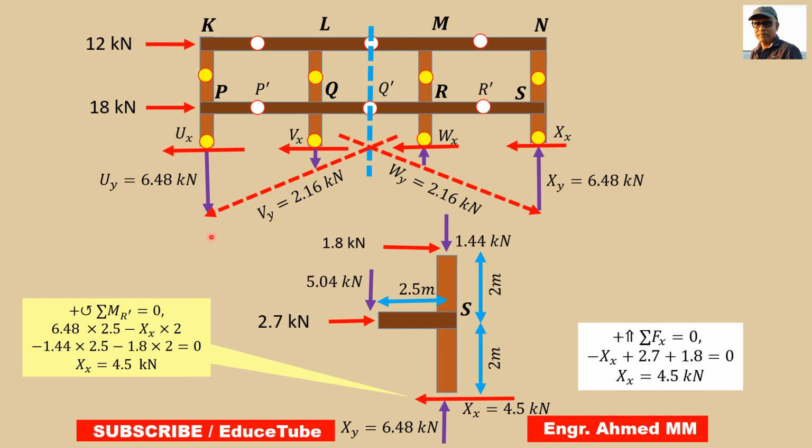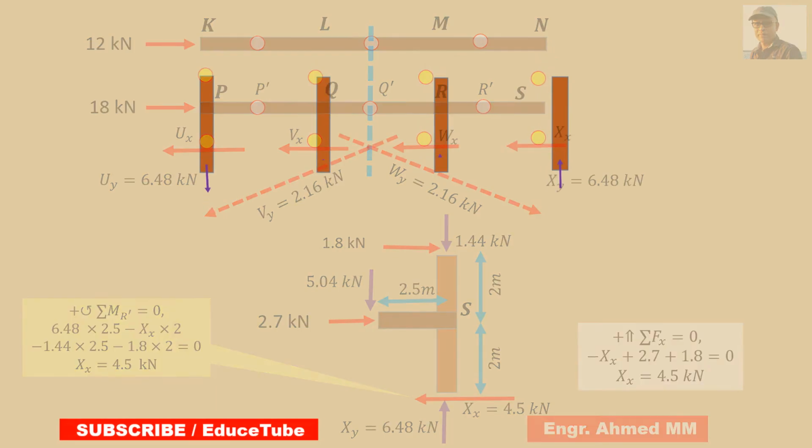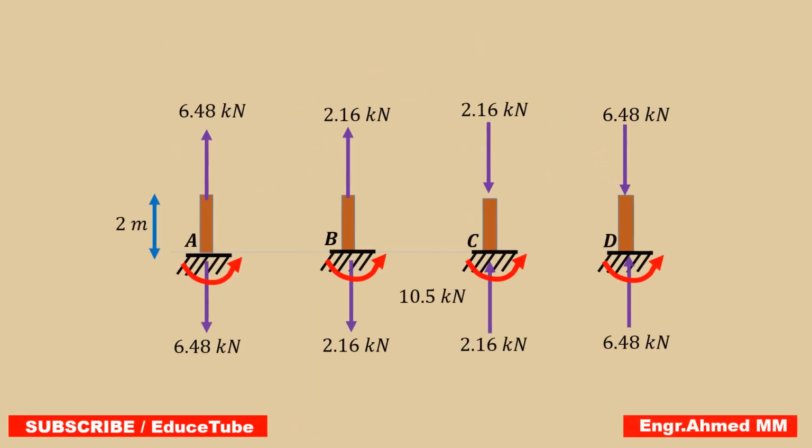So let's move to taking these values, I mean 6.48, 2.16, 2.16, 6.48 towards the supports. As I told, 6.48, 2.16, 2.16, 6.48.